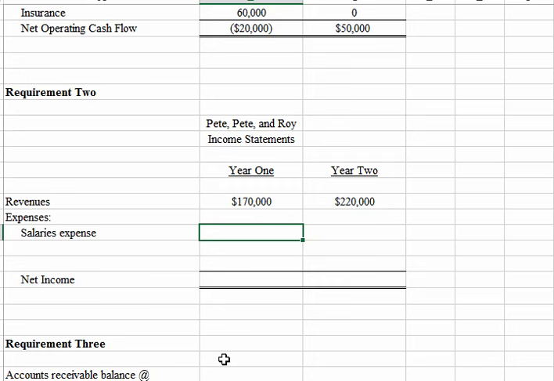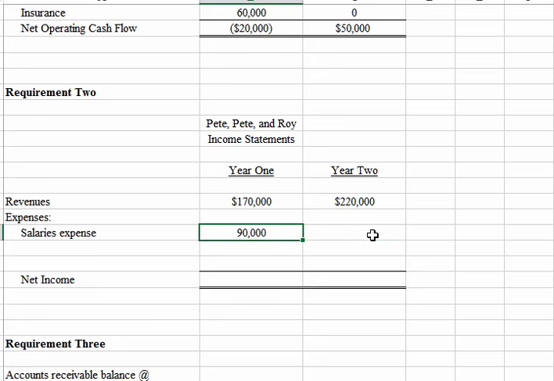If part of that got paid in year two, then there'd be some difference. But here, the amount of cash paid to the employees was equal to the amount owed them for services rendered during year one, the $90,000. There's no difference in cash paid and the expense for salary expense here. I hope that makes sense.